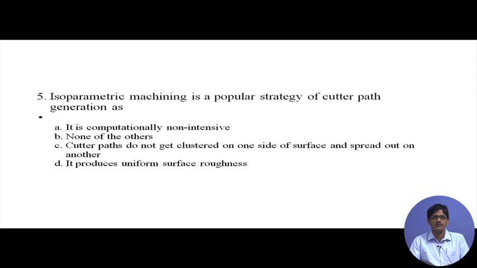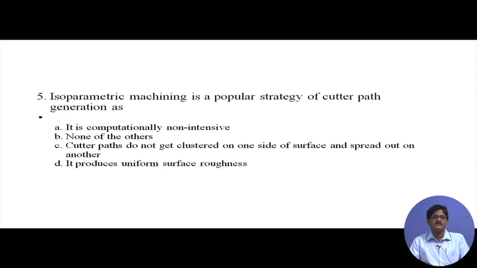So, D is out. C, cutter paths do not get clustered on one side of the surface and spread out on the other. Actually just the opposite is true for isoparametric machining. Cutter paths may get clustered on one side, and they may spread out on another side. So, C is not correct.